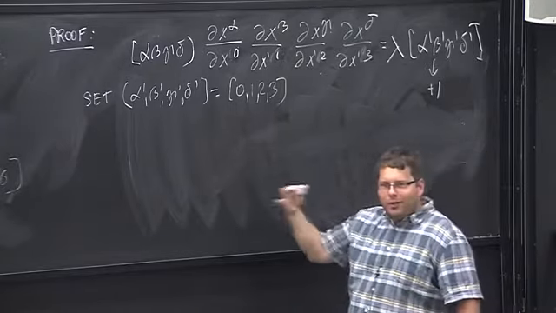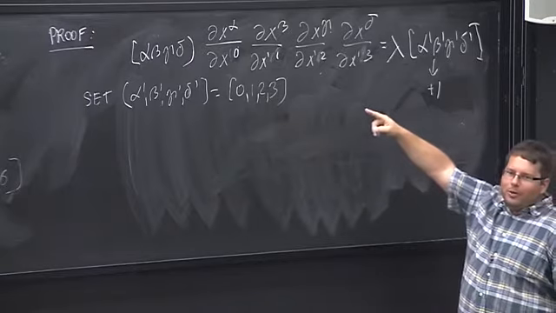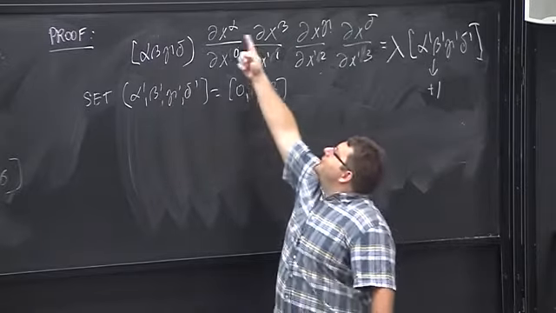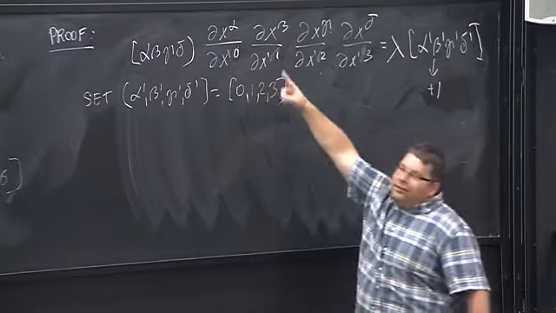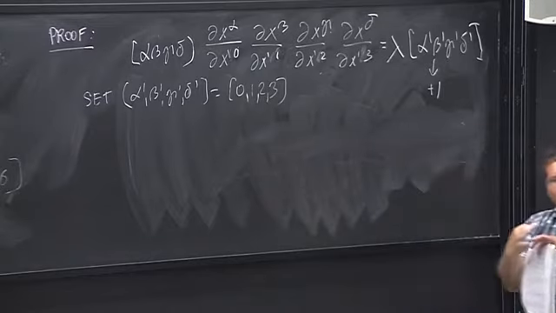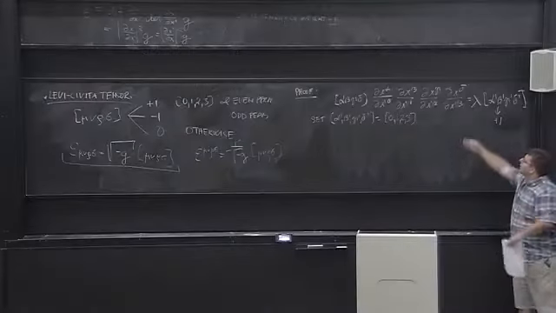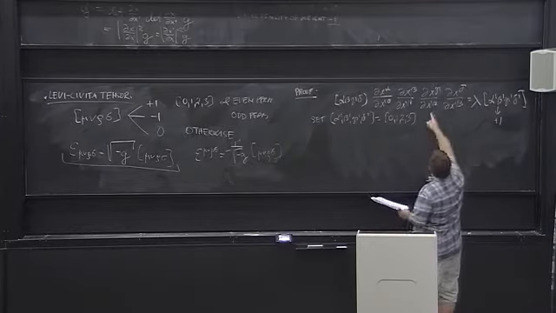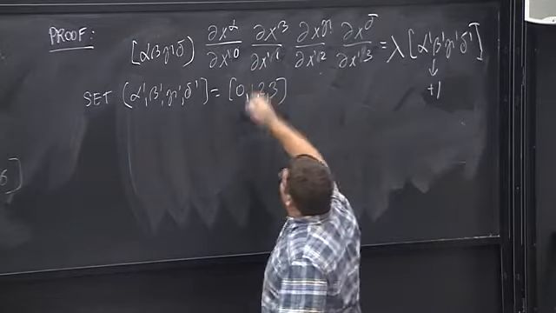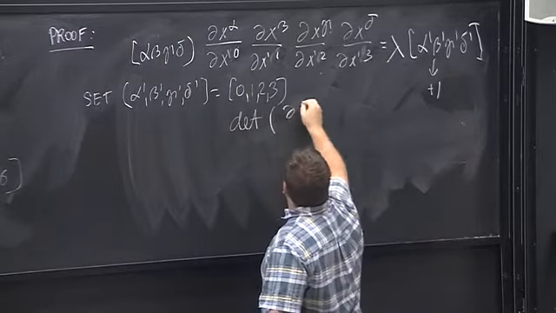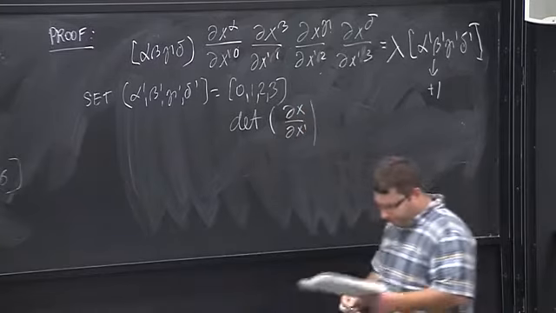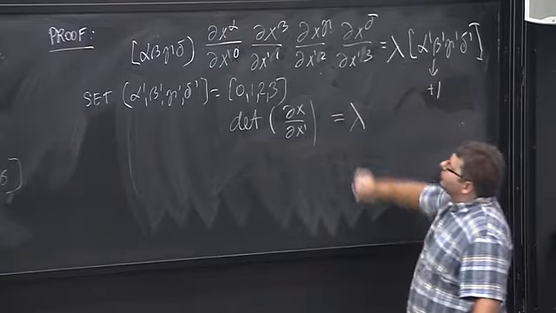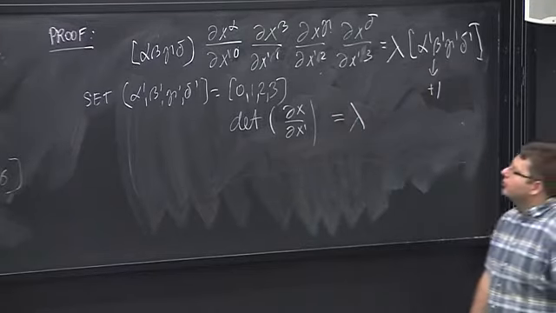If you remember how to calculate a determinant, you take the product of the completely antisymmetric object times the entries, I take products of all possible things in the matrix, and so what is written here is really a determinant. So this thing here is the determinant of dx over dx prime. Okay, and it's equal to lambda times 1, so it's equal to lambda. Okay, so we have this.